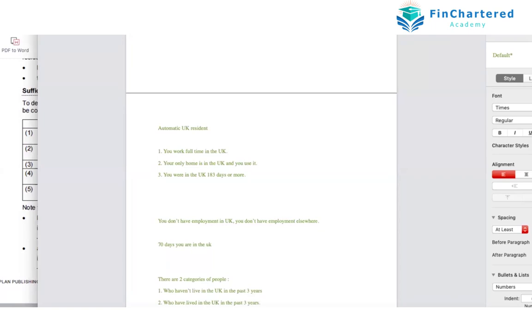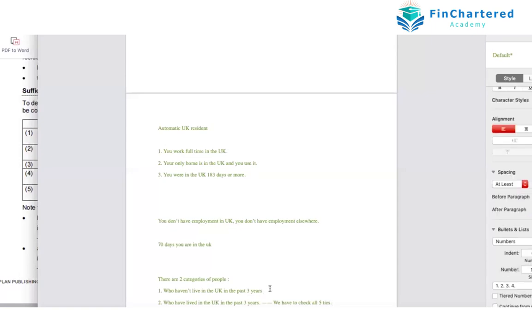Okay. For those who have lived in the UK in the past 3 years, we will check all 5 ties. We have to check all 5 ties. And those who haven't lived in the UK, we only check the first 4 ties.